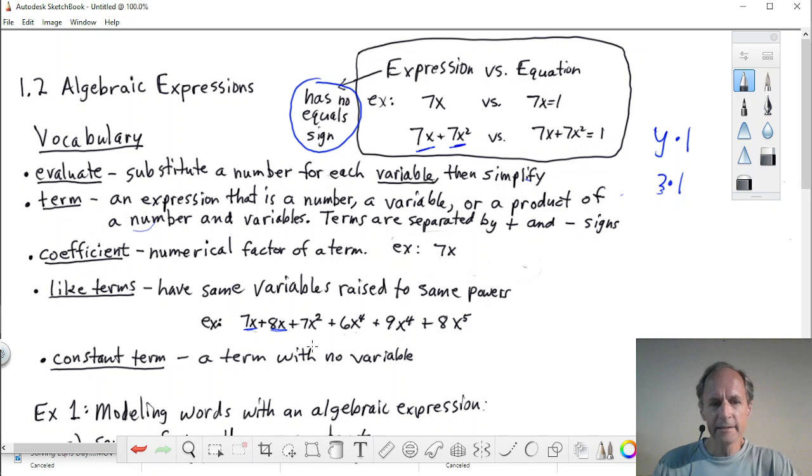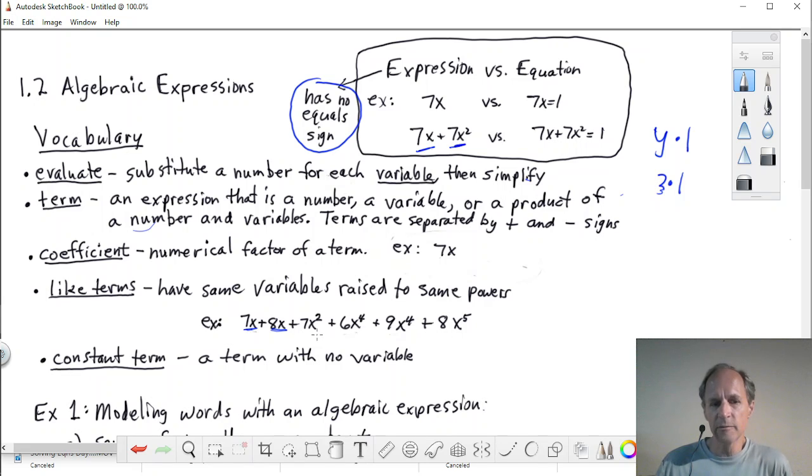7x and 8x. Okay, so 7x squared, does it have a like term? Is there any other term that has the same variable raised to the same power? Well, the power there that the variable is raised to is 2. None of these others have that power, right? They're different. They have x to the 4th or x to the 5th.